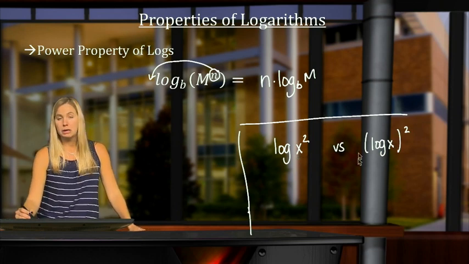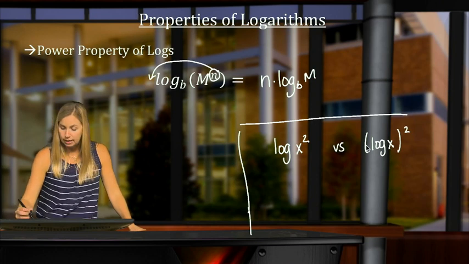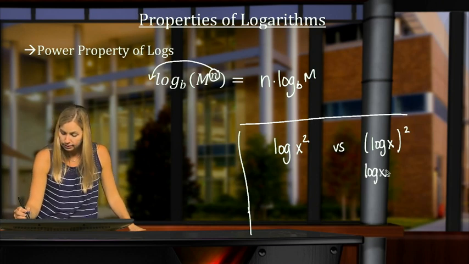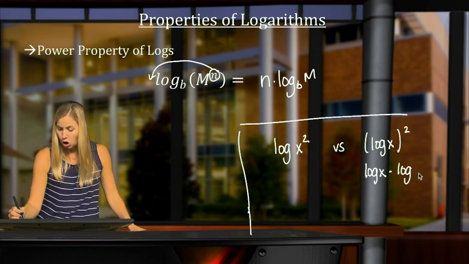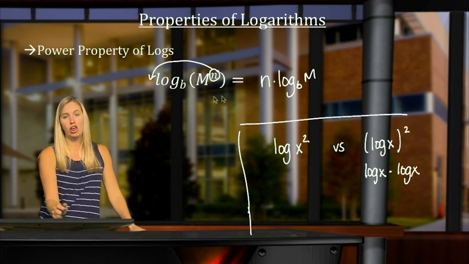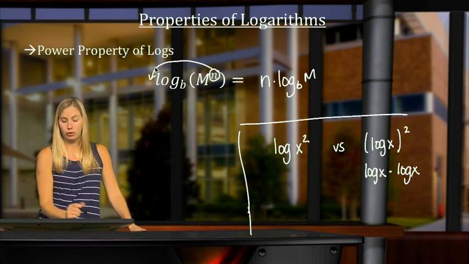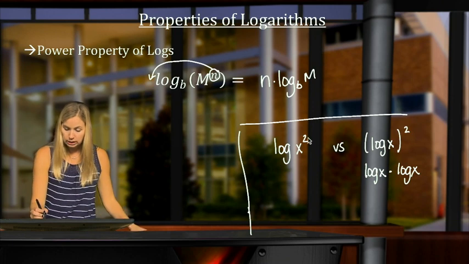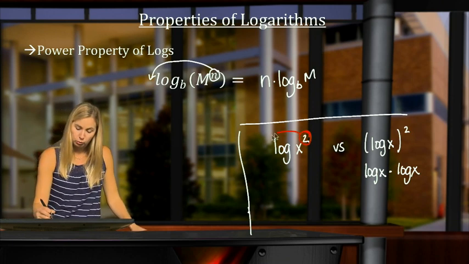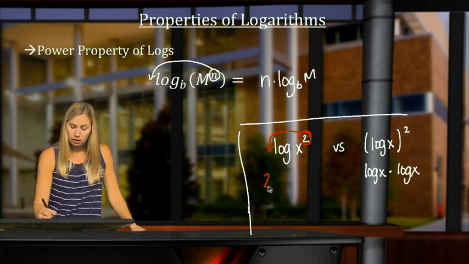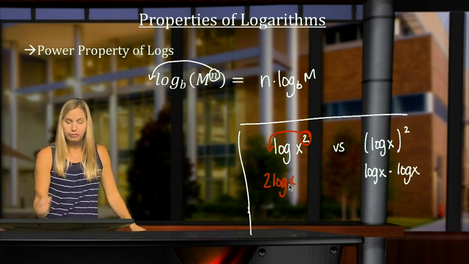On this one, because we have parentheses on log of x, this is actually equal to log of x times log of x, which doesn't follow our power rule for logarithms. This one, since our argument is being squared, we can bring that exponent down. This is 2 log of x.